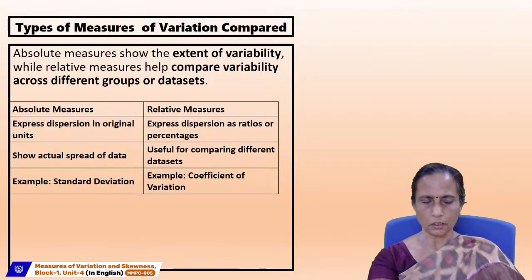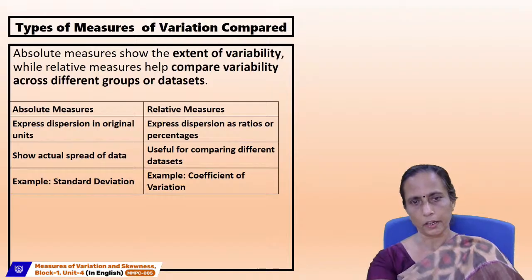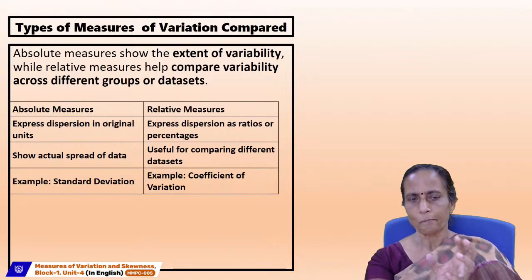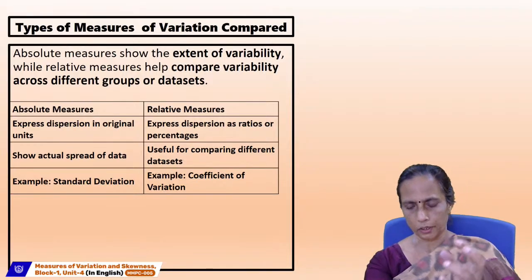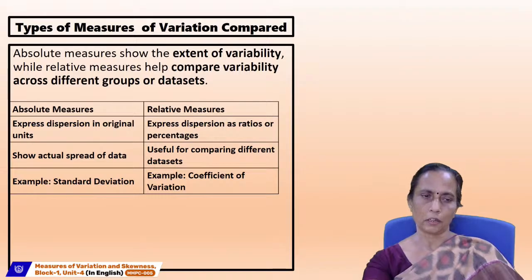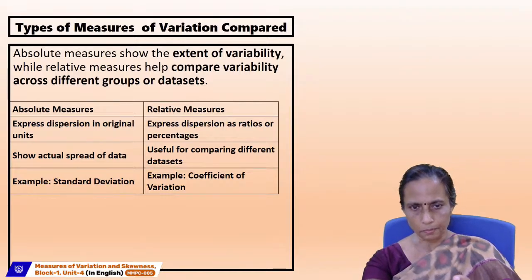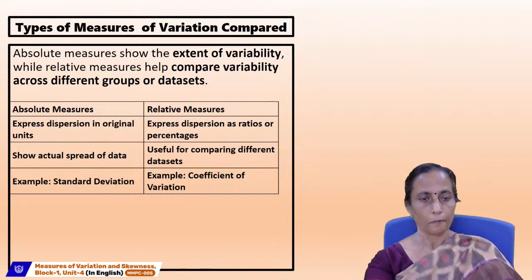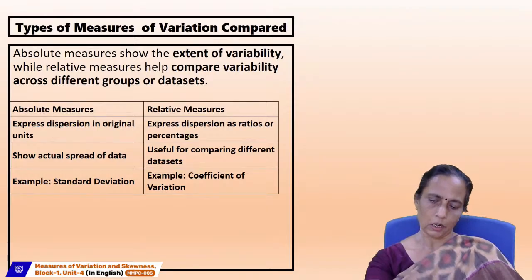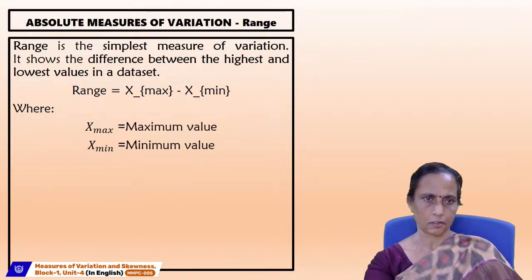The absolute measures show the actual spread of the data, whereas relative measures are useful for comparing different data sets. An example of an absolute measure is standard deviation, and of a relative measure, the coefficient of variation. These are the two measures of variation, standard deviation and coefficient of variation, most frequently used while making your data analysis.